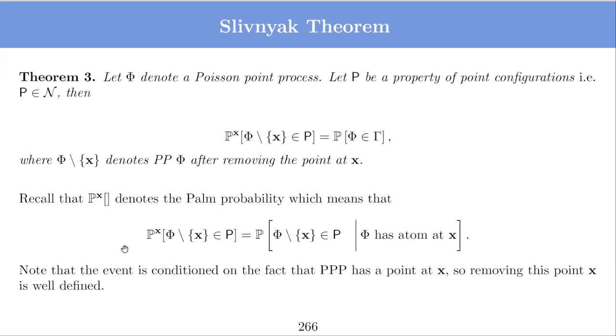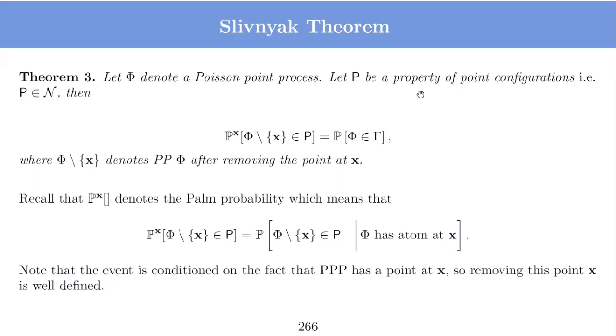And recall that this is a palm probability. It means the probability that phi set minus x has property P, conditioned on phi having a point at x. So this is Slivnyak's theorem.